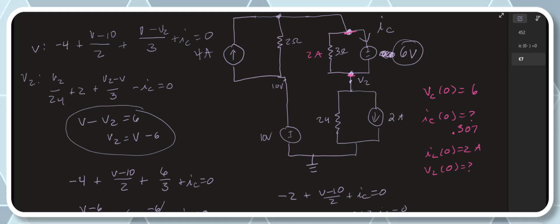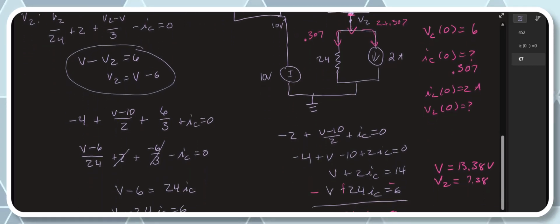So the total current coming into this branch has to be 2 plus 0.307, but 2 of it is going this way, so the current down this branch has to also be 0.307.